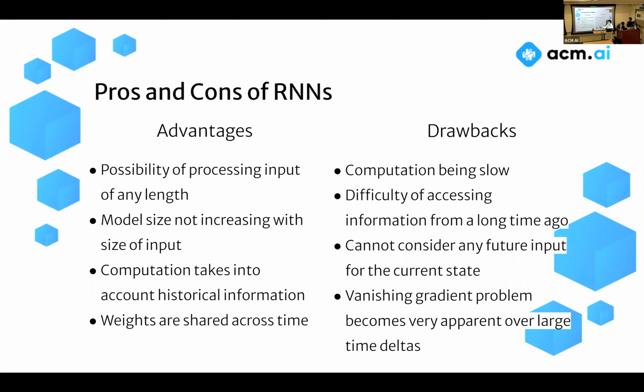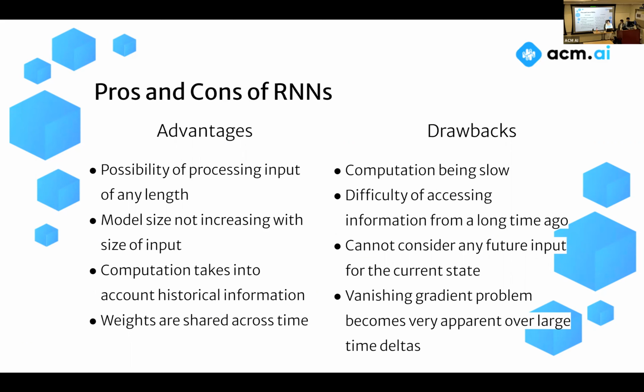While they are great at taking into account historical information for sequential data, as well as processing info of any length, and having the weights shared across time allows us to efficiently understand this type of data, they do have a couple of drawbacks.